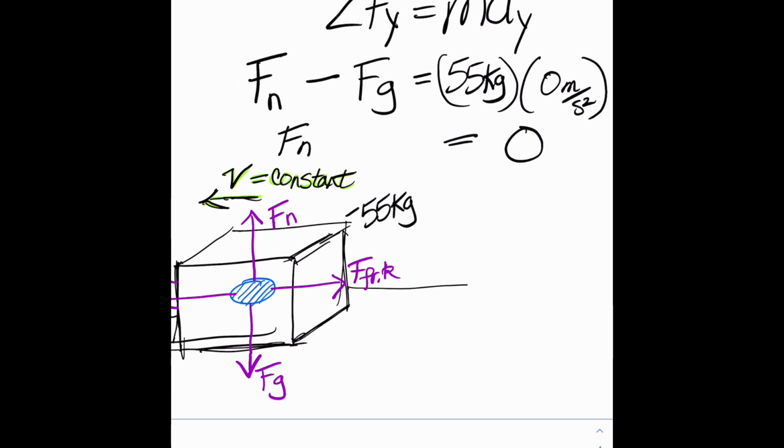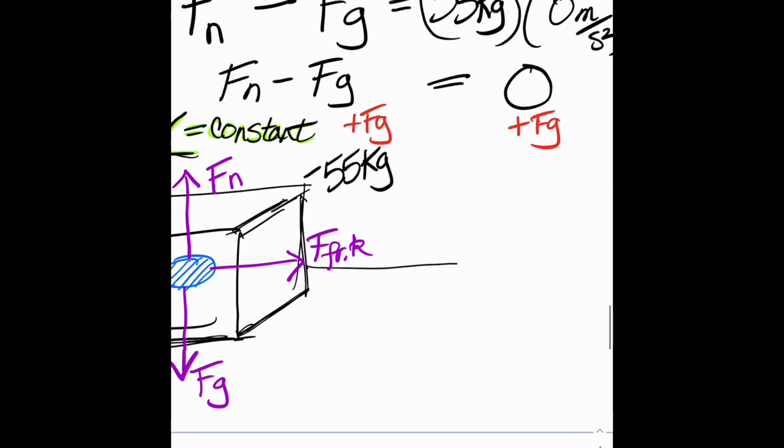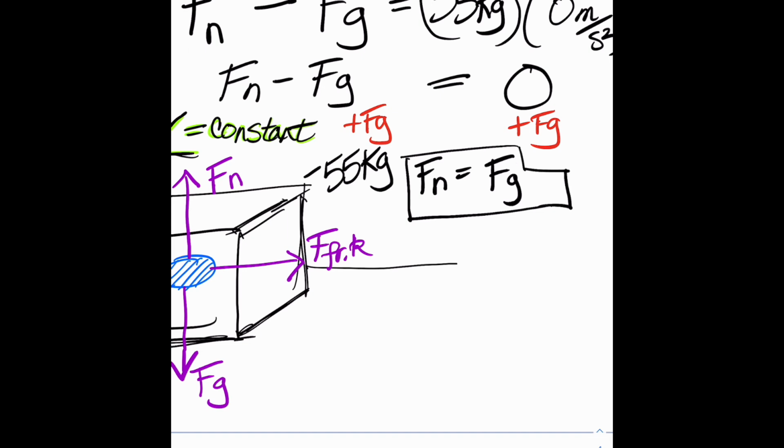And you can see that we are going to be able to say something here. That we can add F_G to this side and add F_G to this side and get that force normal is equal to force gravity.